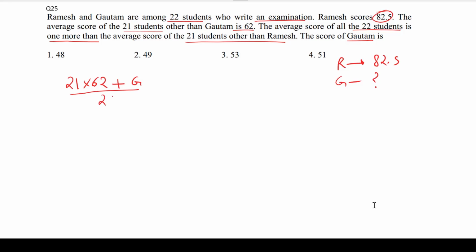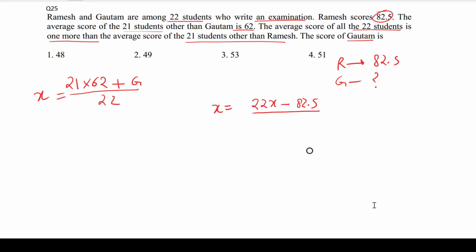So, let x be the average score of all 22 students. Now, the average score of all 22 students, x, equals 1 more than the average score of the 21 students other than Ramesh, whose score is 82.5.